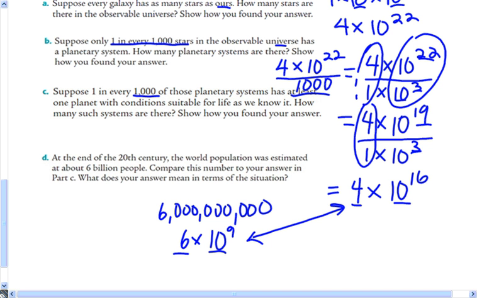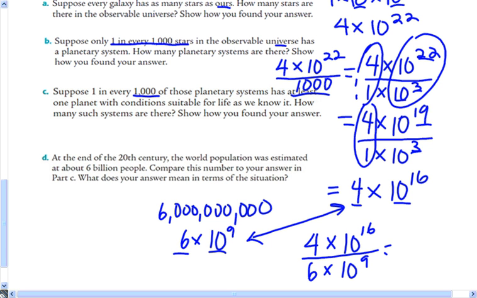Well, that's not hard to figure out, and if we want, we can just divide it. So really what we're trying to see is how many times the number of people goes into the number of planets like ours that are suitable for life.